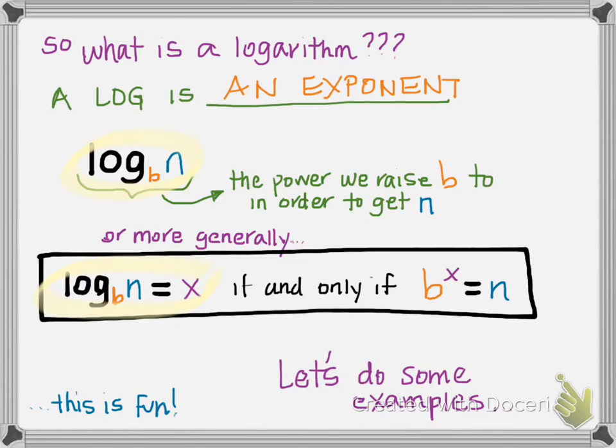That's true if and only if b, which is down here in the basement, to this power x equals n. So the basement number in orange is your base. Because a log is an exponent, the log is equal to x, so x is the exponent, and that's b to the x equals n. This blue n is the result you're trying to get.